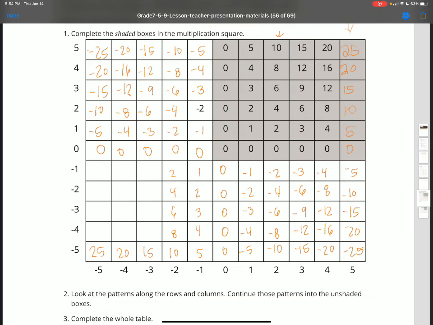And I can do the same thing for this one, 5, 10, 15, 20, 25. And this one is counting by 4. So 4, 8, 12, 16. And then this one is going to be -3. Well, positive. I'm sorry about that. Positive 3, positive 6, positive 9, positive 12.